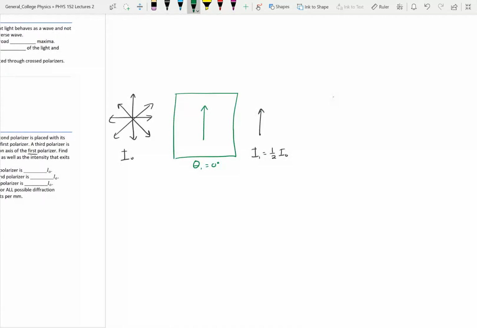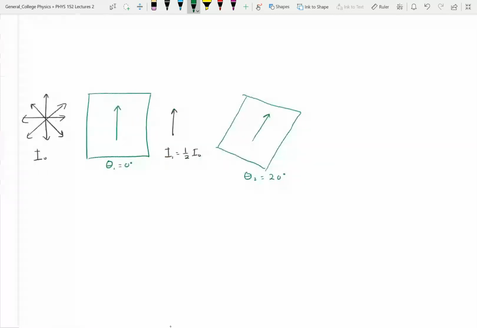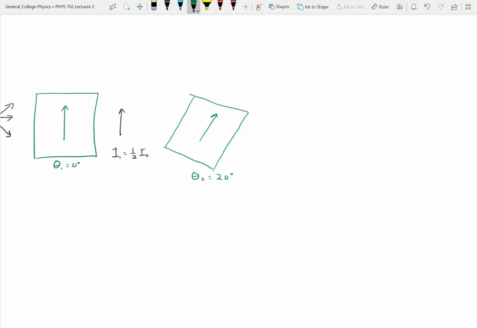Now we have a second polarizer. That's an angle of theta 2 equal to 20 degrees from the first one. So the light that comes through this is now going to be polarized in this direction. And so to get this, we just use the law of Malus.